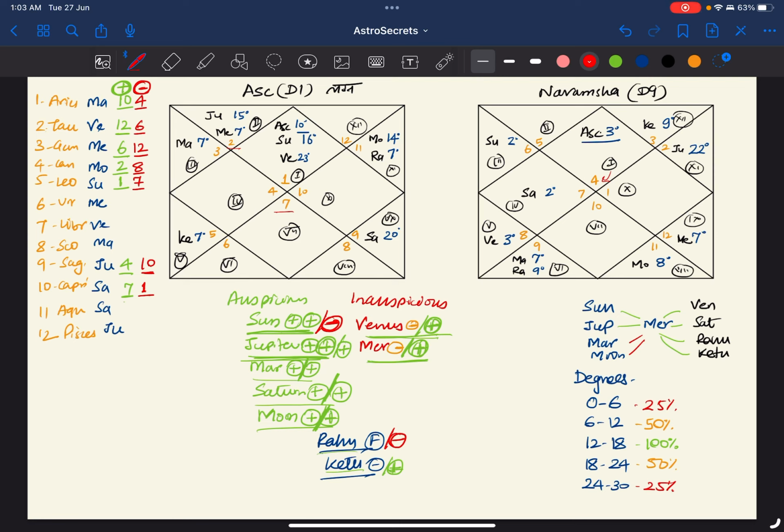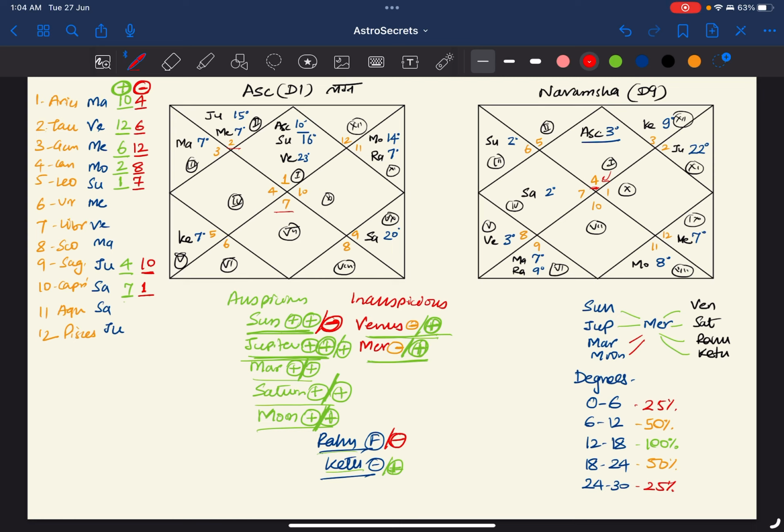Just one more element to cover in this particular Kundli. If you take a look at the D1 chart, the first house has 1 mentioned in it. If you take a look at the D9 chart, the first house has 4 mentioned in it. So if we want to consider the inclination of this person after, let's say, 30 or 35 years of age, we can consider this fourth sign, where was it in the D1 chart.